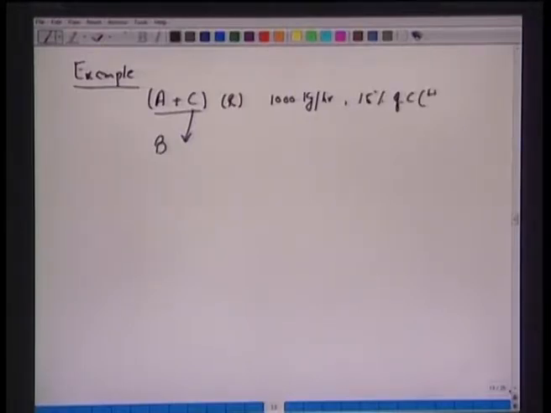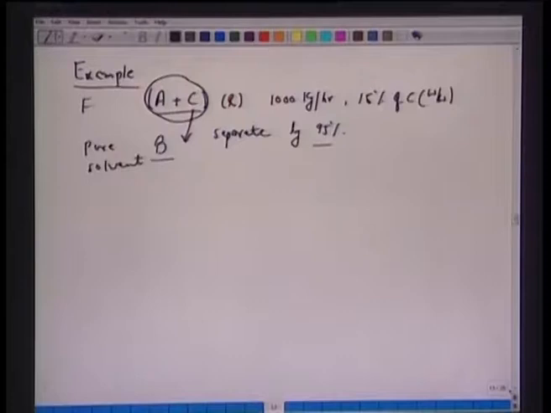weight by weight basis. So, W by W, and we have been asked to separate C using this pure solvent B. So, B is a pure solvent, and we have to separate C say by 95%, which means we remove C in this mix feed A plus C, if we call it feed R phase, by 95% using this solvent B. And there are two cases here.